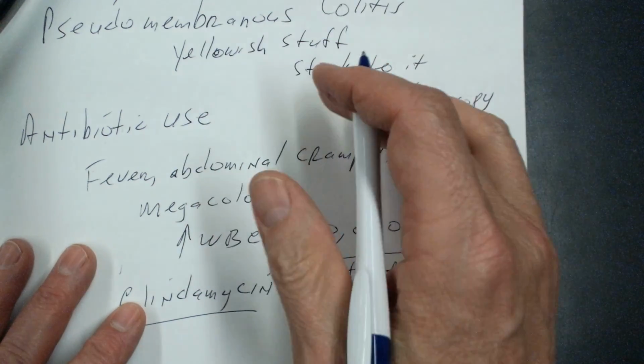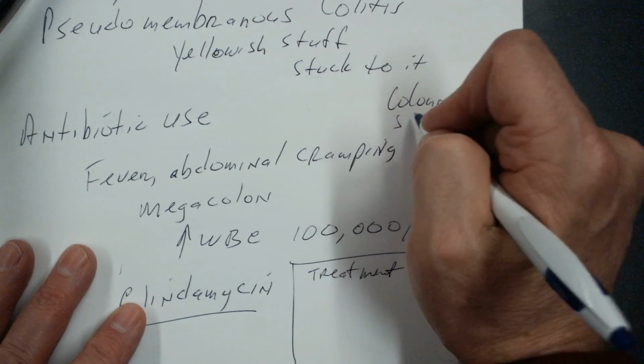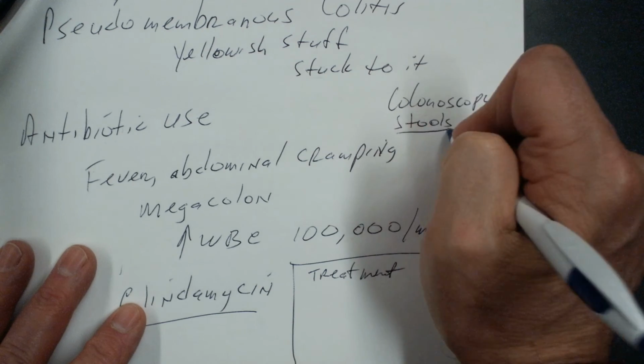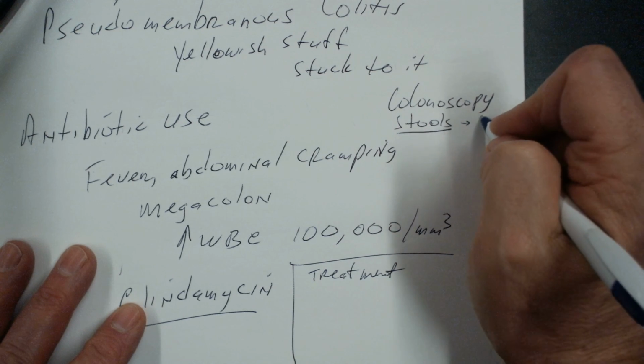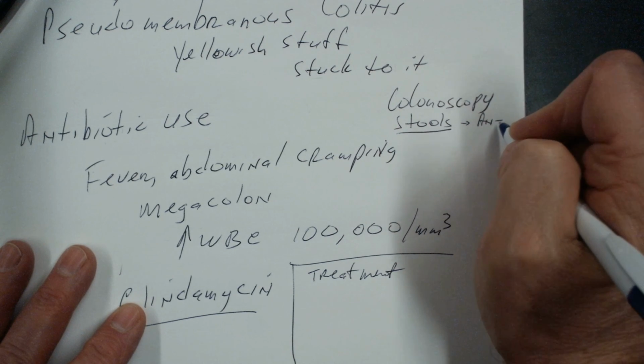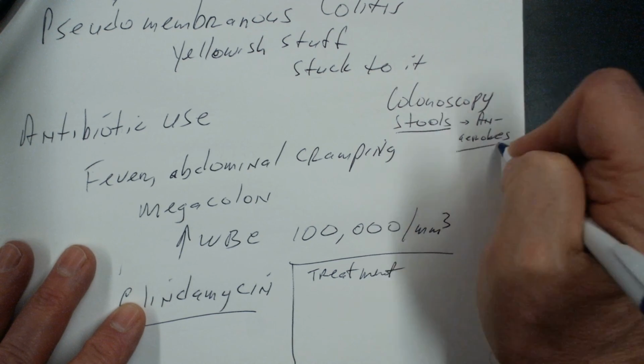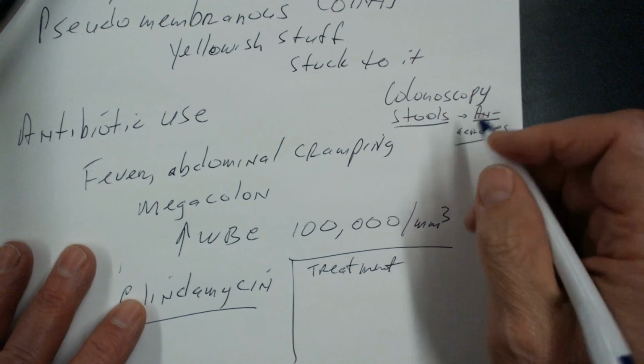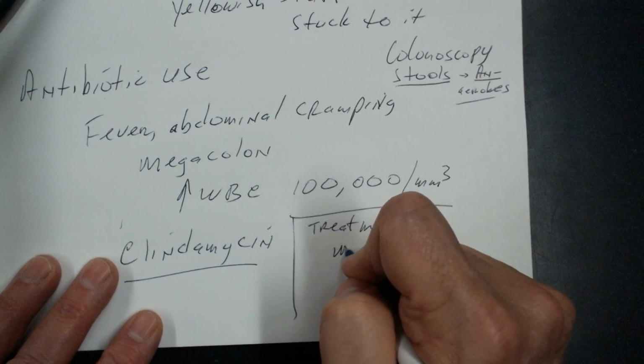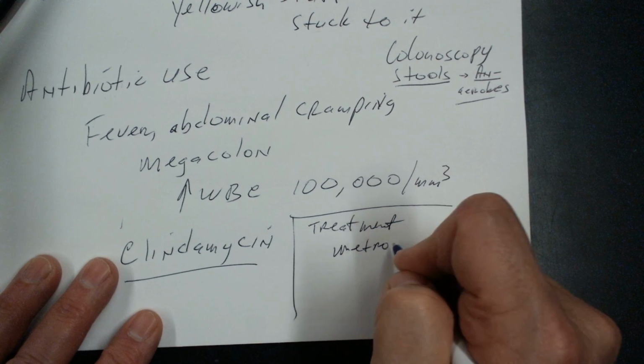The organism can be cultured in stools, but you have to use anaerobes. So you have to use a gas pack and so on and so forth. Treatment is usually with metronidazole.